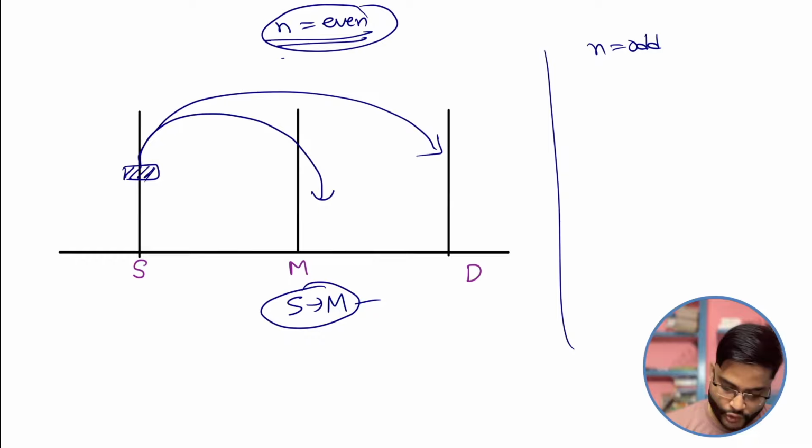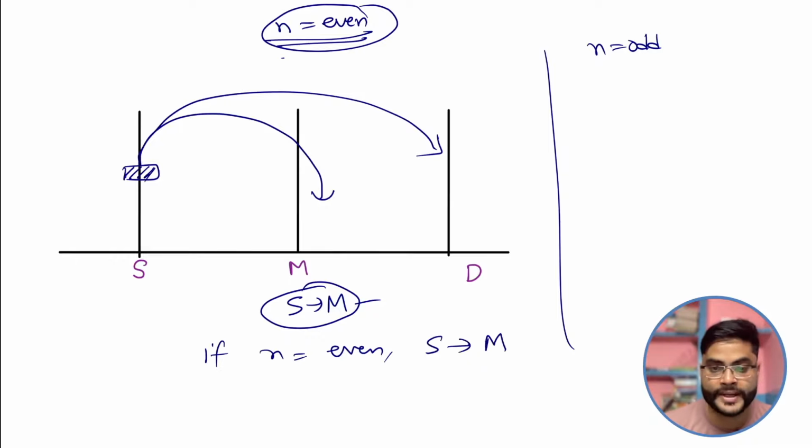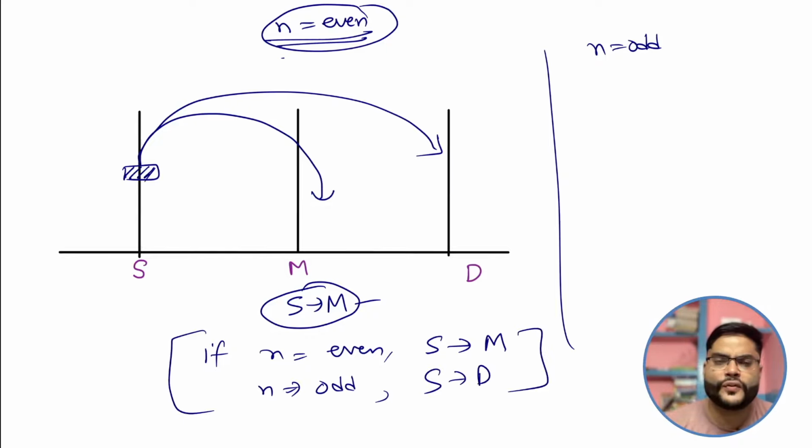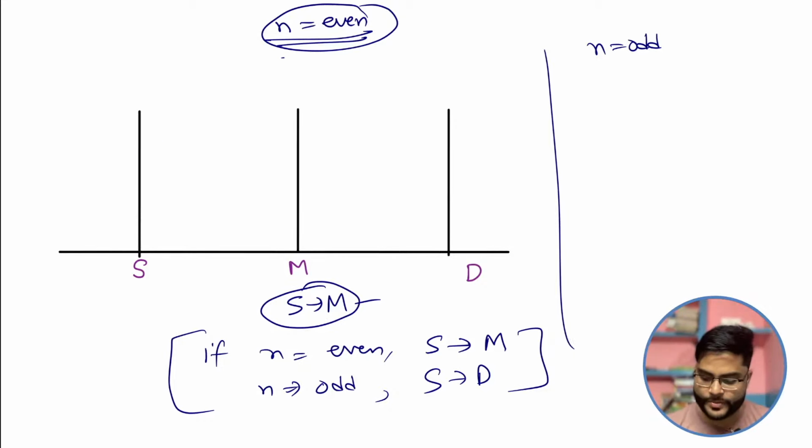So if I summarize, if n is even, you move the first rod from source to middle, and if n is odd, you move the first rod from source to destination. If you want to do it manually, you can try it for any values of n. Take n even, then see, take n odd, then see. So these are my observations.